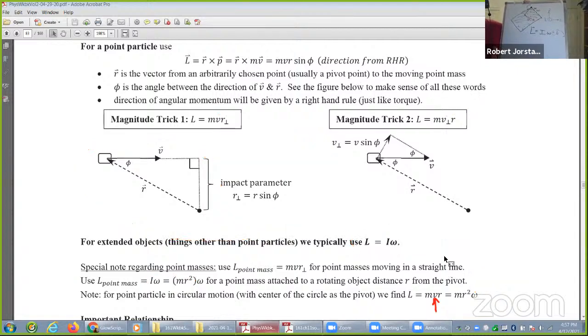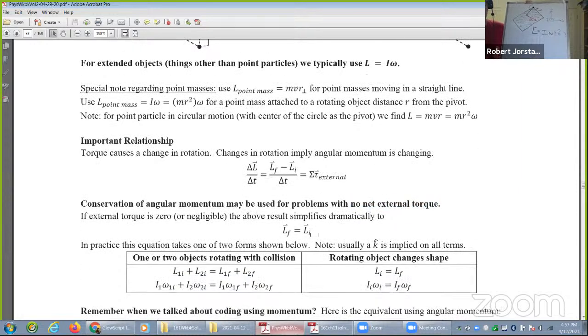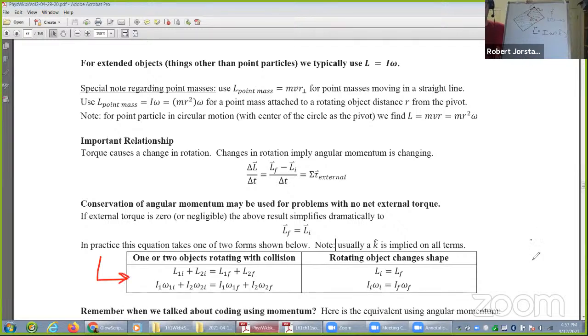Next. Okay. If you have a net external torque, the angular momentum changes. That is a fact. If you don't have that external torque, if there's no net external torque, L initial will equal L final. And that brings us to the two practical ways we're going to apply this today. 1 and 2.